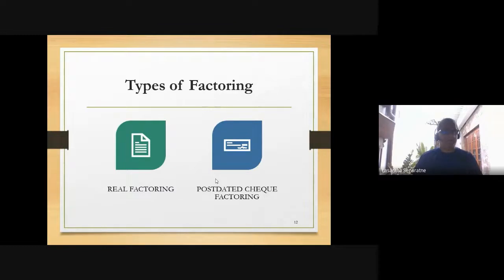So understand, these post-dated check facilities are not factoring. And when you are issuing the checkbook, you inform the customer, don't issue checks without funds, right? And it's a criminal offense.